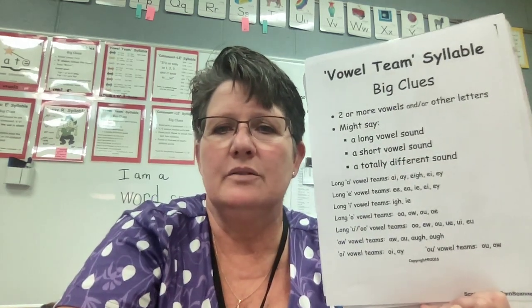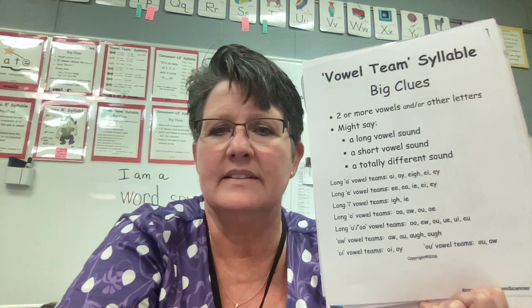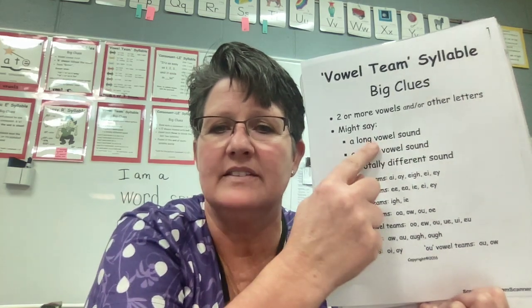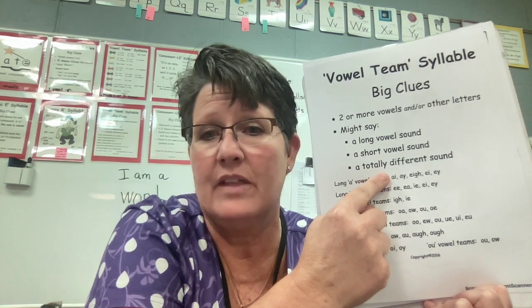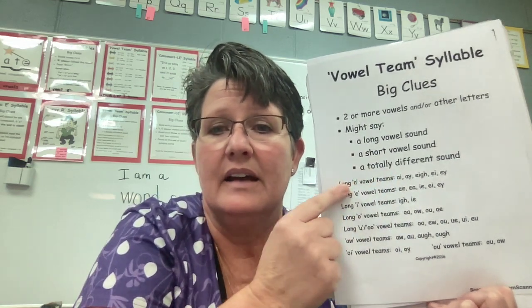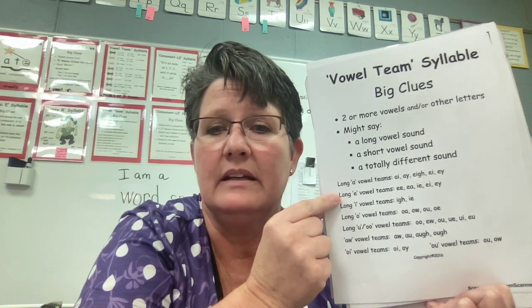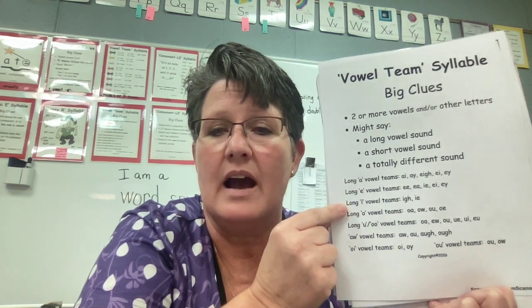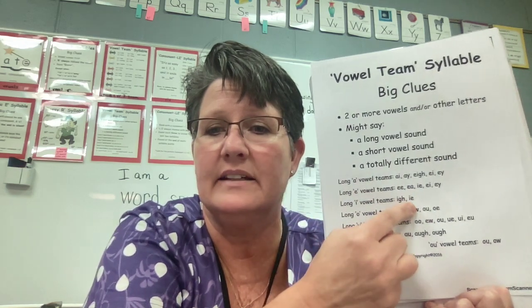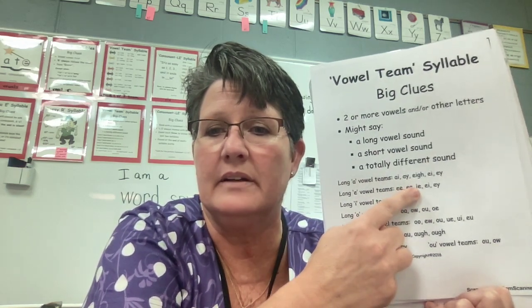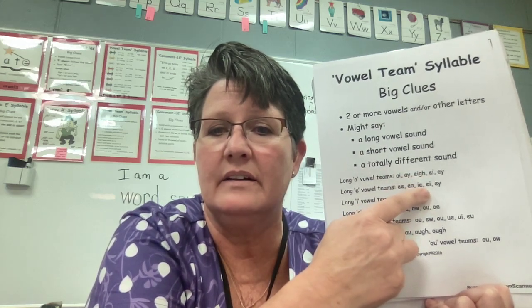Vowel team big clues: two or more vowels and/or other letters might say a long vowel sound, a short vowel sound, or a totally different sound like the oi. Here are the long A vowel teams. Here are the long E vowel teams. Long I vowel teams. Notice some of them are in the same place, so IE's here and IE's up here, EI's up here and EI's down here.